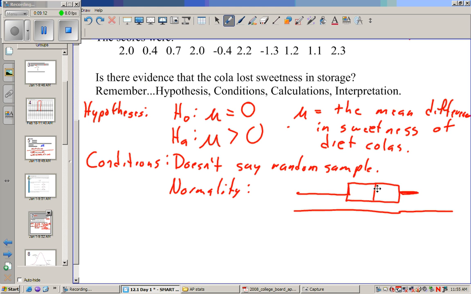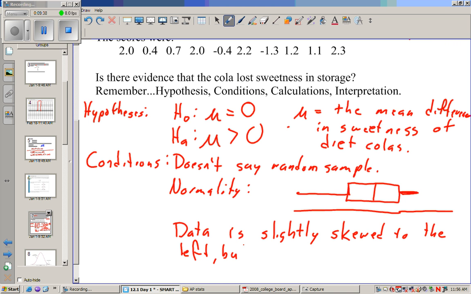Now, this is slightly skewed to the right, but it's not enough to say that it's not normal. Or slightly skewed to the left, I'm sorry. The data is slightly skewed to the left, but it is approximately normal.